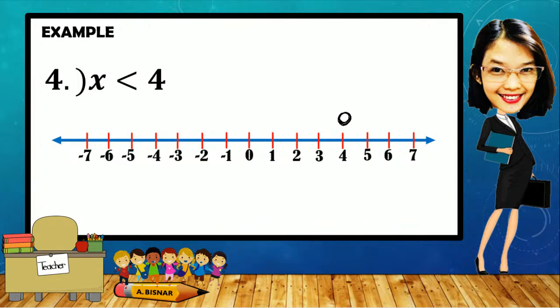Ito yung madali lang. So, the numbers that are less than 4 are 3, 2, 1, 0, at saka lahat ng mga negative. Yan. So, ganito lang yung gagawin. We will draw a line papunta sa kanila and then arrow.